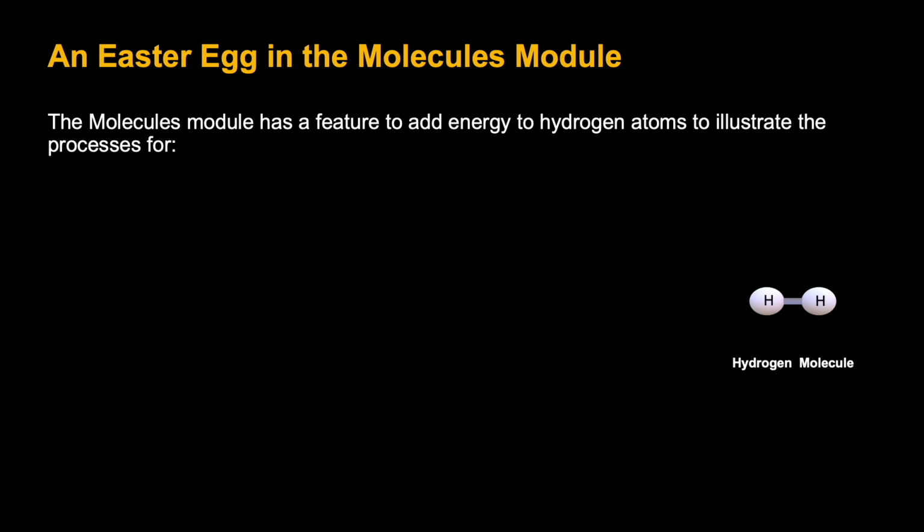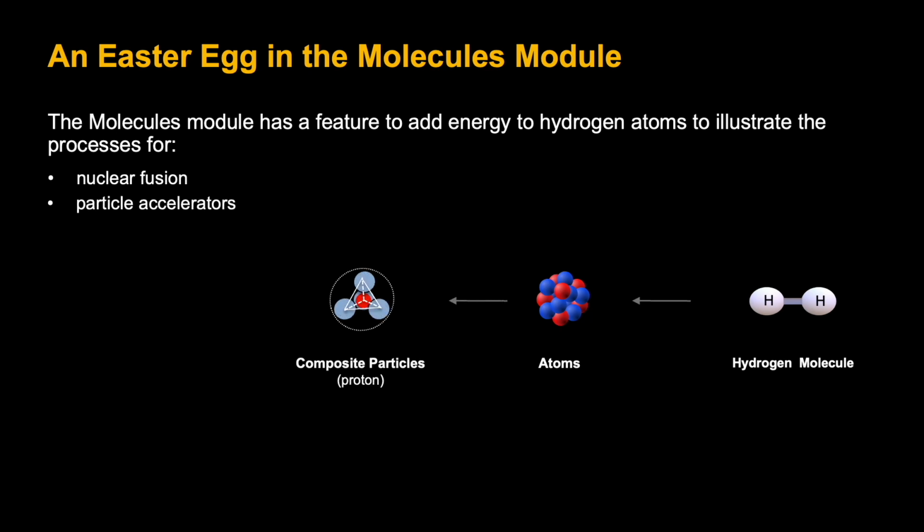But there's an Easter egg in the molecules module, right? And we're going to kind of work backwards now. We're going to add energy to hydrogen atoms, and we're going to illustrate the processes for nuclear fusion. Because hydrogen can fuse to become higher order elements in the sun and stars. And then what happens in particle accelerators as they collide composite particles like protons?